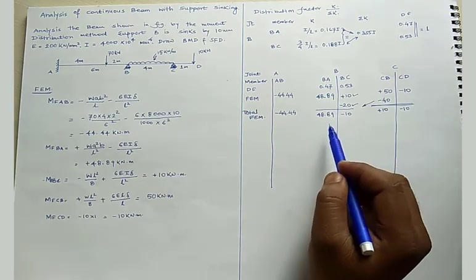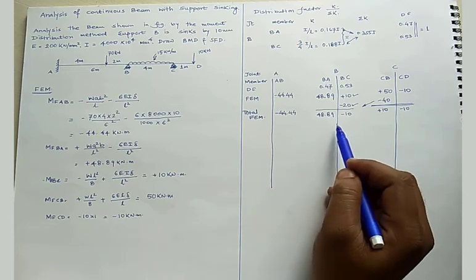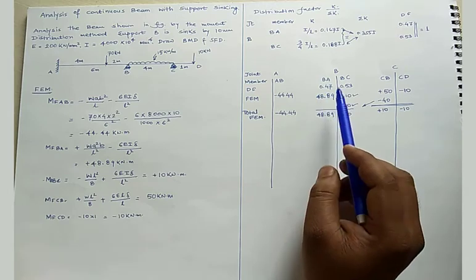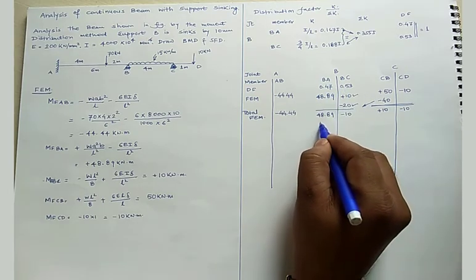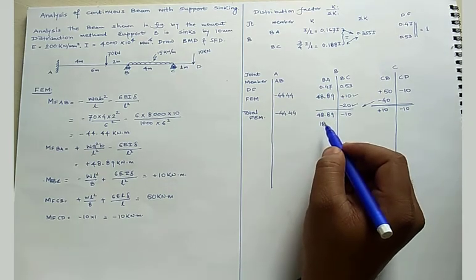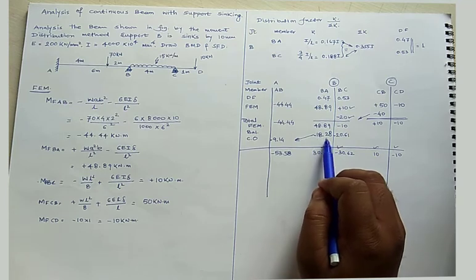If you calculate 48.89 minus 10, that is 38.89. If you multiply that value with 0.47, the value we are getting is minus 18.28.